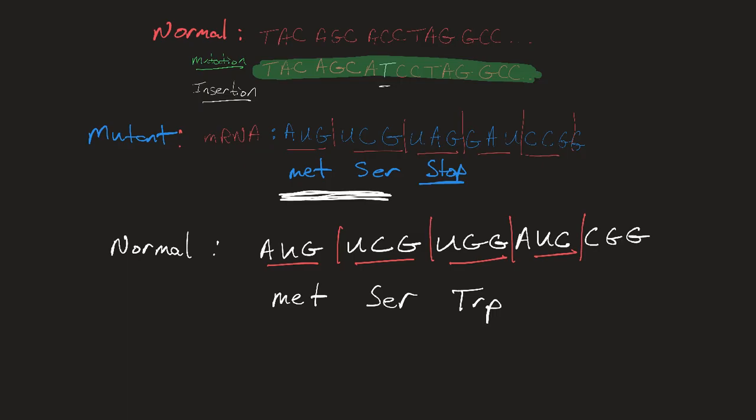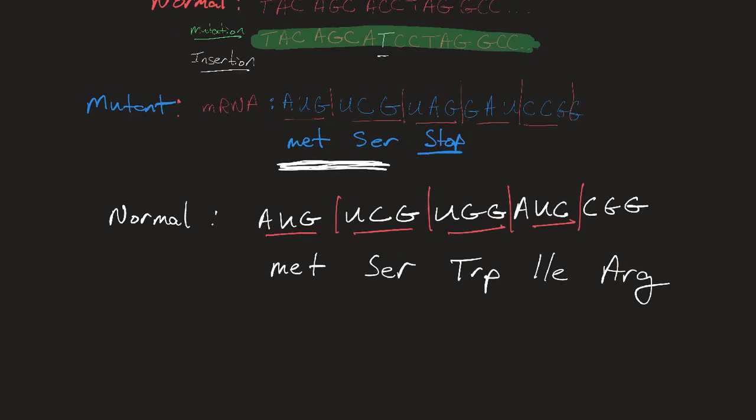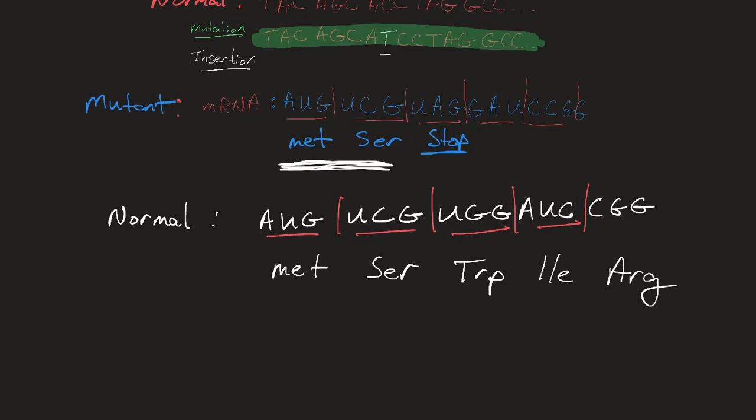Let's double check. Yeah, that's a C. So AUC, which is isoleucine, and then CGG, which is arginine. So the change we made was we made it longer, correct? So this insertion made it longer.